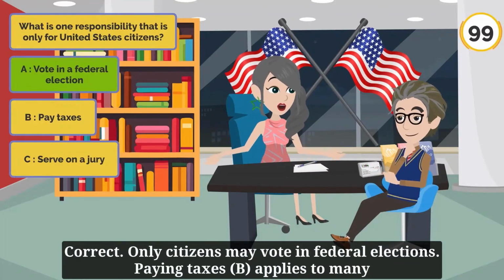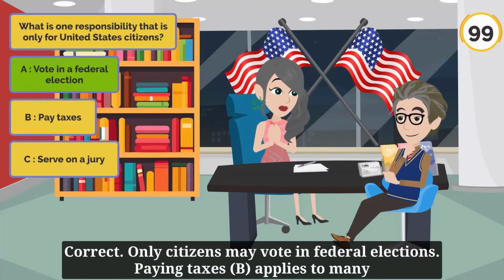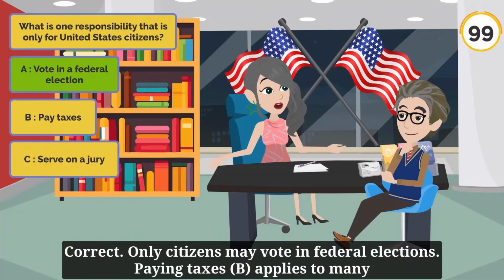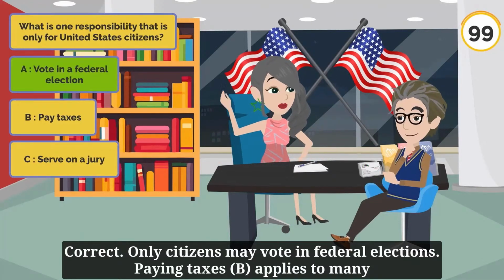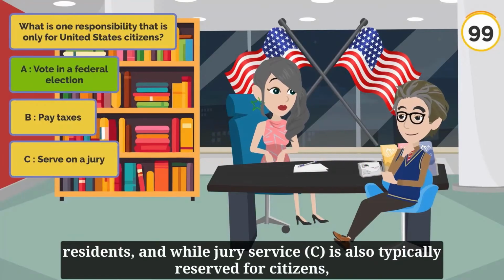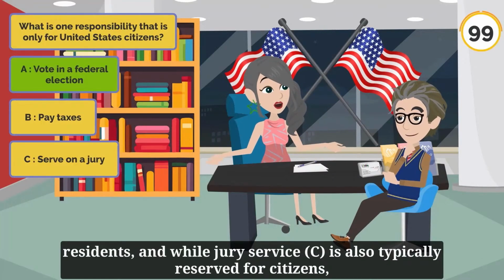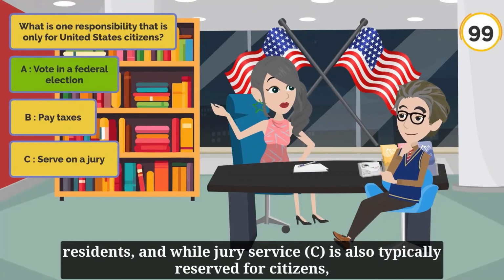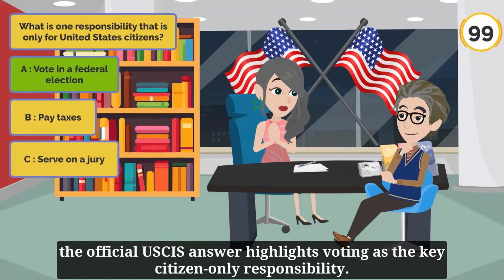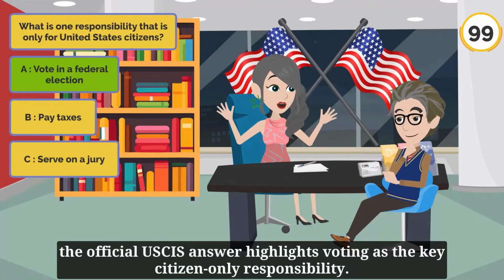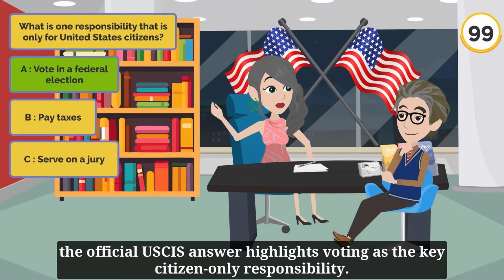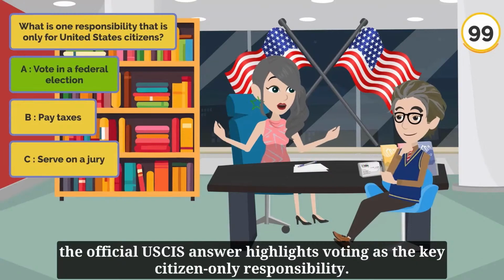Correct. Only citizens may vote in federal elections. Paying taxes, B, applies to many residents, and while jury service, C, is also typically reserved for citizens, the official USCIS answer highlights voting as the key citizen-only responsibility.